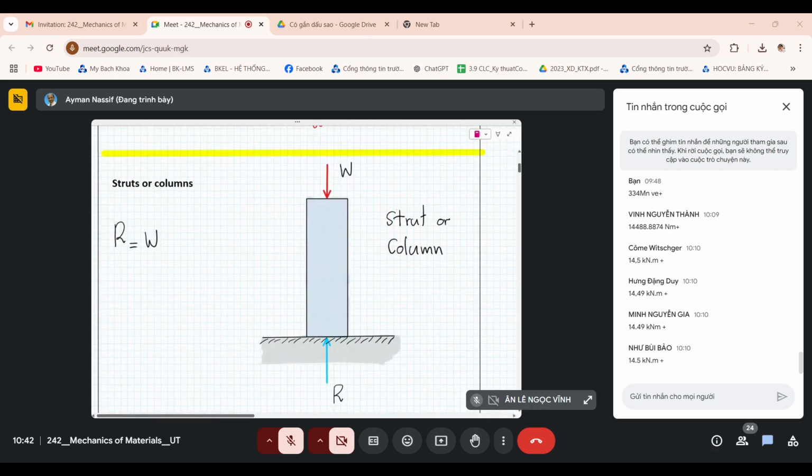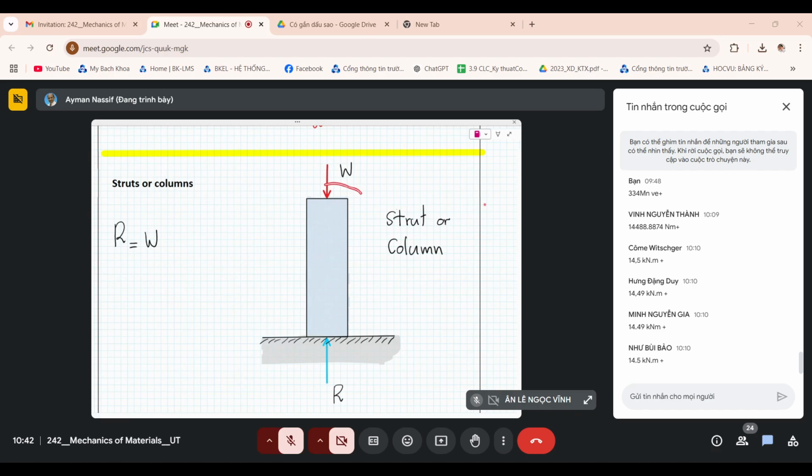Same thing here. We call it a column or a strut, or there is another word I could add, post, P-O-S-T, but it doesn't matter really. At the end of the day, you have an element here, and it's loaded along the axis, and at this point, you don't allow movement along this axis.